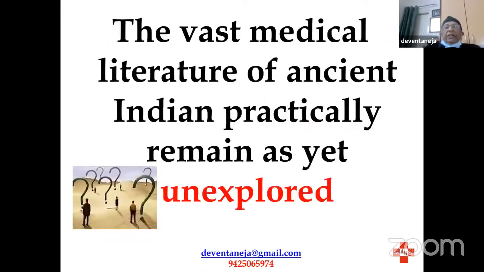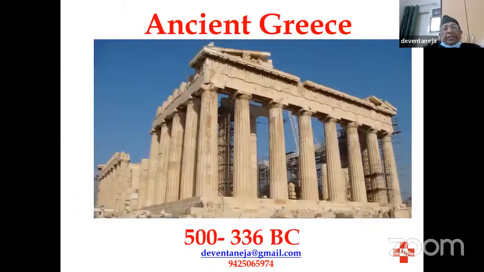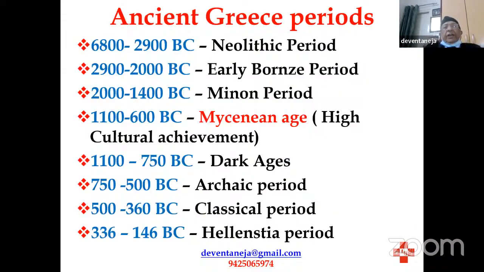So the vast medical literature of the ancient Indians practically remains yet to be explored. And there is a reason for this, why our Indian medicine did not become popular, and there is a very clear reason. In ancient Greece, that is about 500 to 336 BC, there were many important periods.